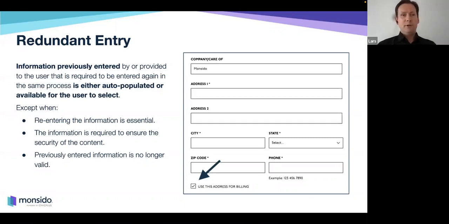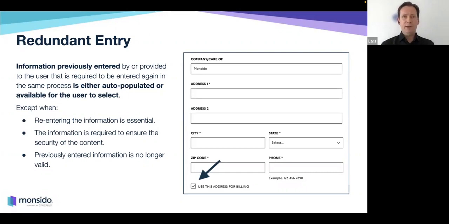Whenever your user has to enter the same information twice, your solution should really help the user, either by automatically re-entering the data, or at least give your user an option to automatically submit or not submit the data you entered in previous steps.